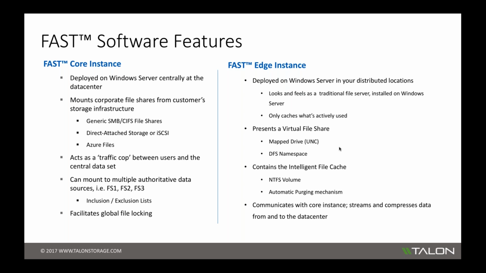And that's how we're able to serve 99% of the data out of the cache to the end users and providing that experience and that performance. The edge communicates with the core. You can have multiple edges connecting to a single core instance and multiple file servers being associated with a single core. So that is how the software lays out and how the core creates the fabric and the edge creates the file cache at the branch office.